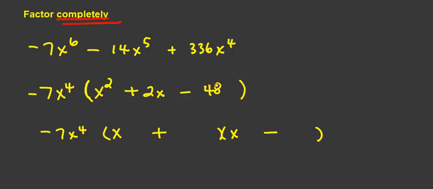Now we want two numbers that multiply together to give us a negative 48, but add together to give us a positive 2. Well, we could put 6 and 8 if we were in a hurry and not thinking carefully enough, because a positive 6 times a negative 8 would give us a negative 48, and that's good news. But then when we add these two together, we don't get a positive 2x, and that's what we need.